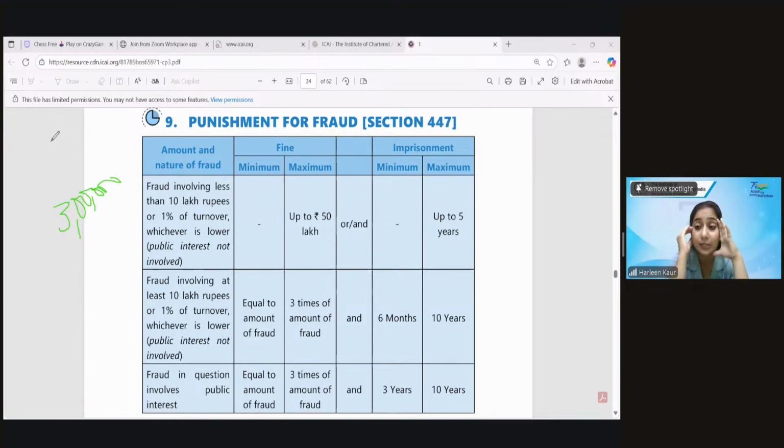And my fraud is, yes, Mustafa, would you like to answer it? Equals to amount which is 3 lakhs or minimum amounts. It is 3 lakh or maximum 3 times 9 lakh. And jail of 6 months minimum or maximum 10 years.